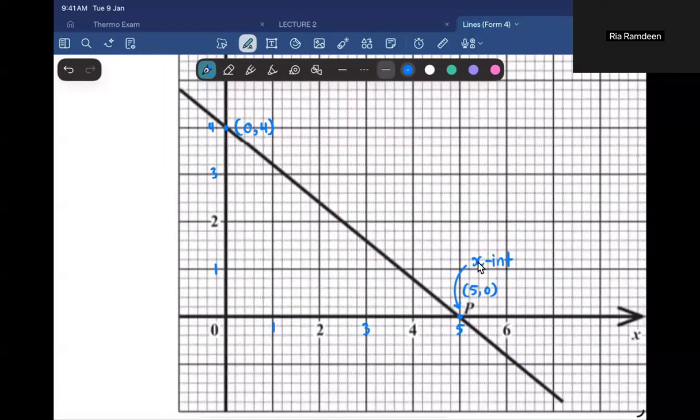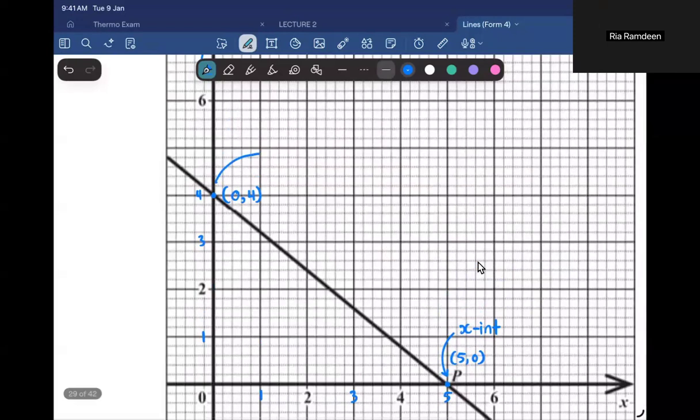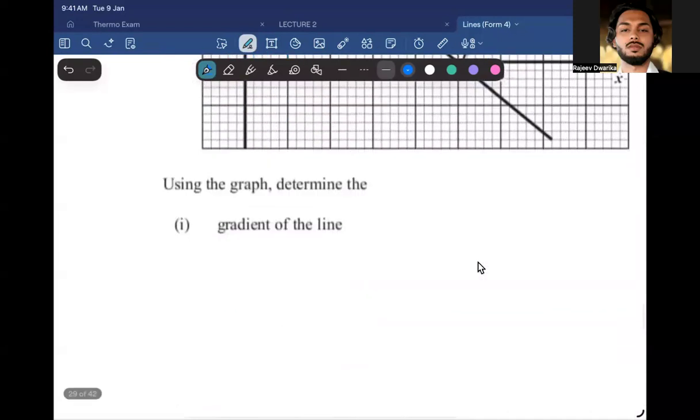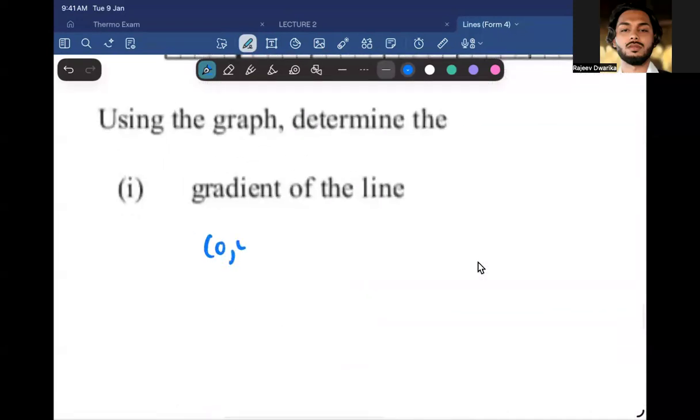Great. And what do we call this? The y-intercept. Great. So we have 0, 4, and 5, 0.